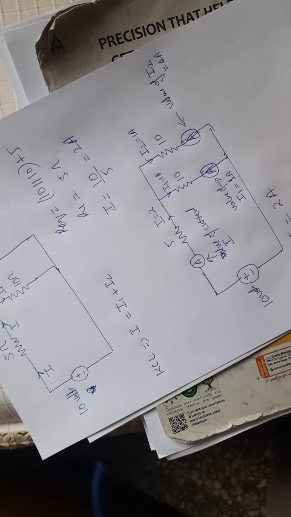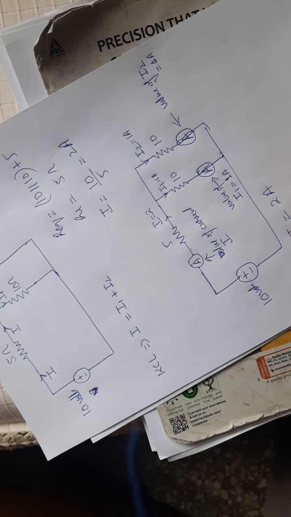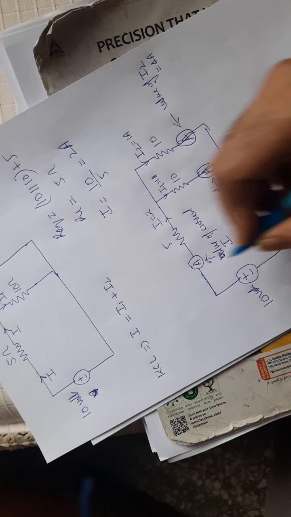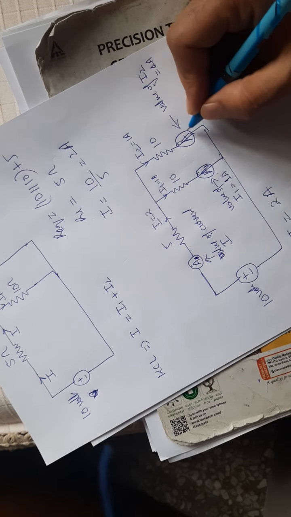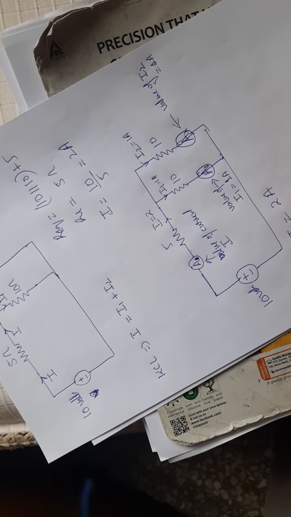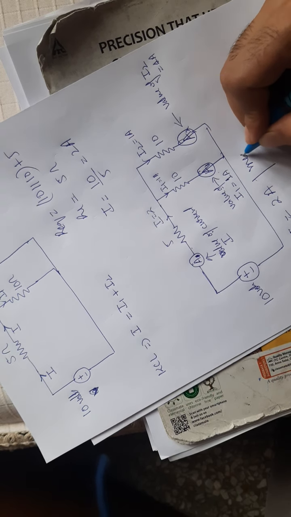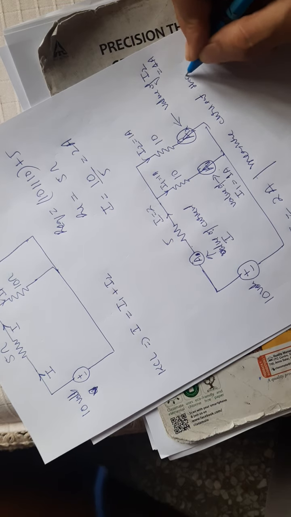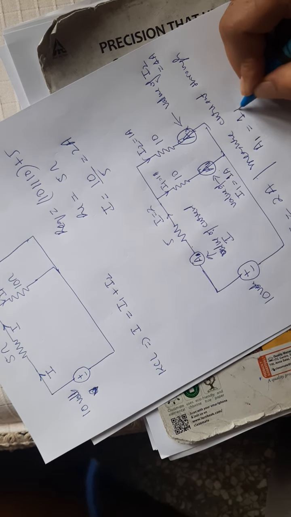So this way you will first measure the current through ammeter A, which is 2 ampere. Then measure the current through ammeter A1, which will be 1 ampere.